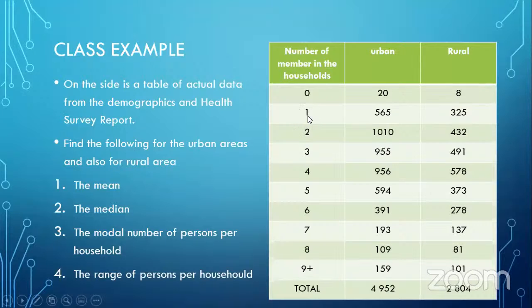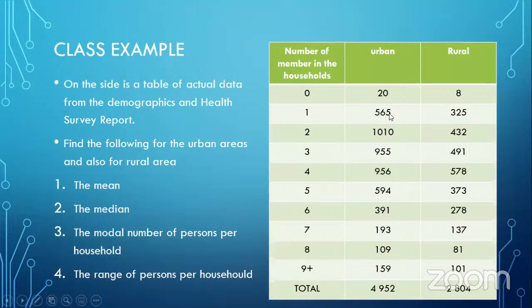In a household, there's 1 person living. Out of those households, there are 565 households that have 1 person living in an urban area. That's how I should put it. Out of 565 households, only 1 person lives in each.